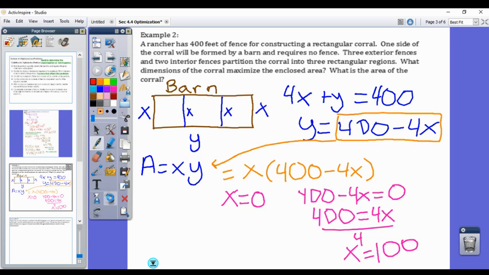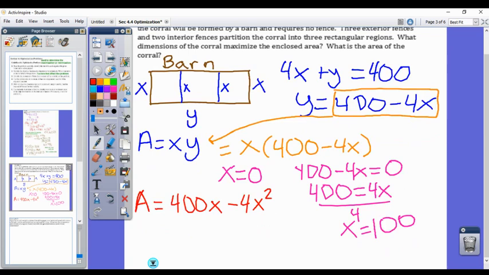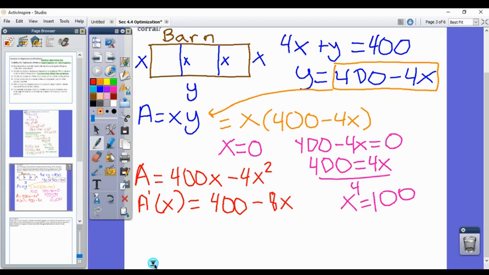So area equals 400x minus 4x squared. So let's take the derivative. So the derivative is 400 minus 8x. All right, so from here, we're going to find our critical points.